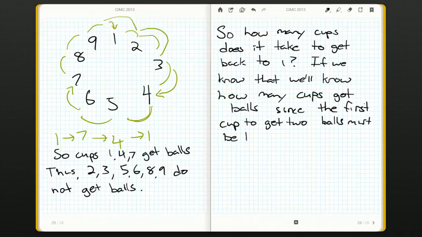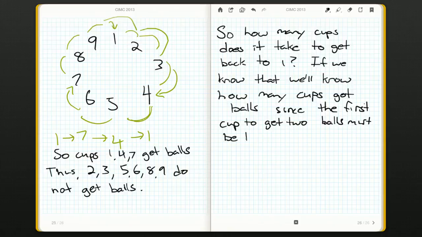If any cup gets a second ball before 1, then that means that the cup before it also has just gotten its second ball, and so on and so on. It's just, with sequences like this, 1 gets the first ball, and then the next time after 3, 4 gets its first ball, and 7 gets its first ball.